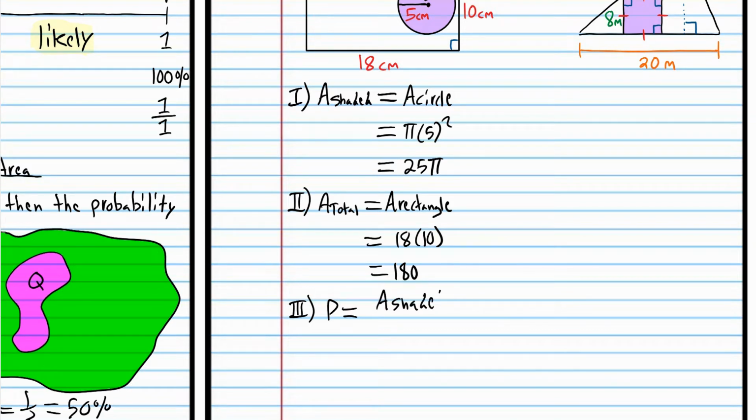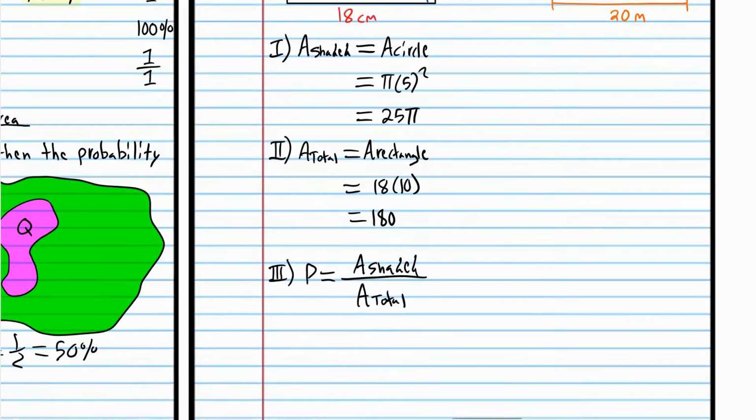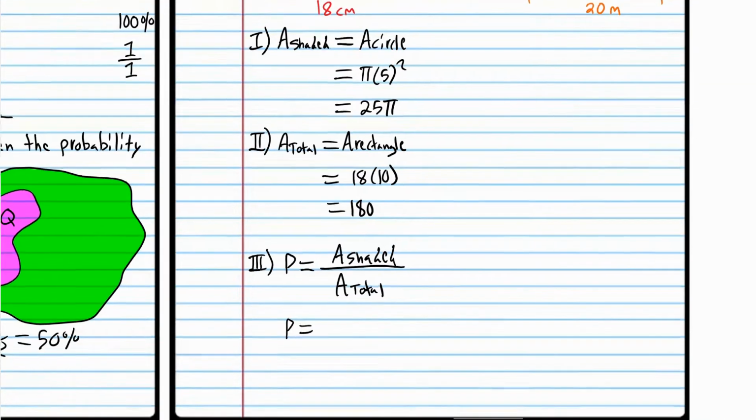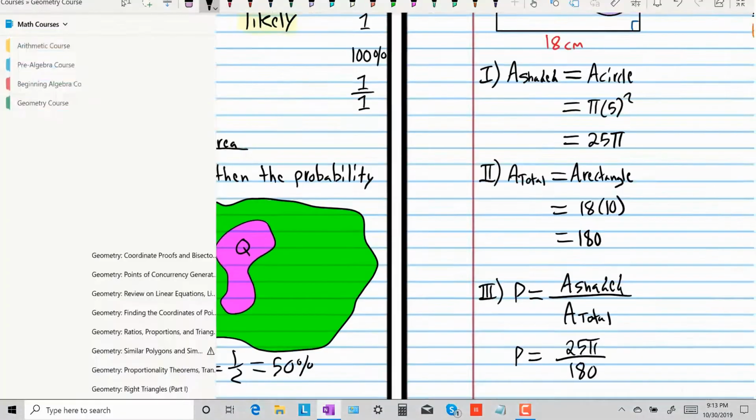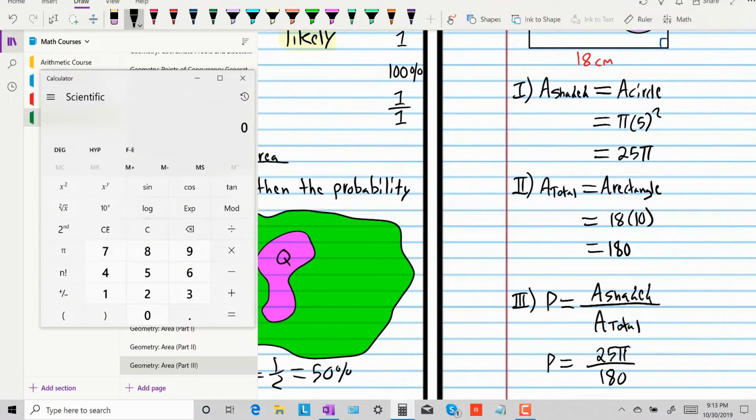So now step 3, we're going to find the probability, which is the area of the shaded region divided by the total area. So the probability equals area of the shaded, which we found is 25 pi, area total is 180, and at that point you can just get out your calculator. So 25 times pi, and then divided by 180.